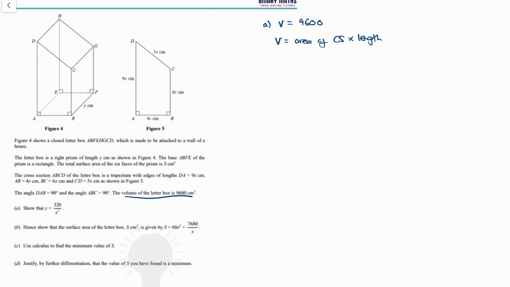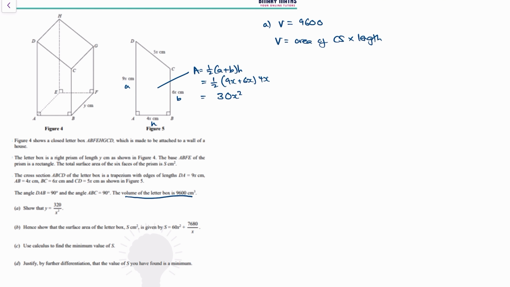The area of the cross-section is A equals half (a plus b) times h, so half of (9x plus 6x) times 4x, which is 15x times 4x, which is 60x squared, divided by 2 is 30x squared.